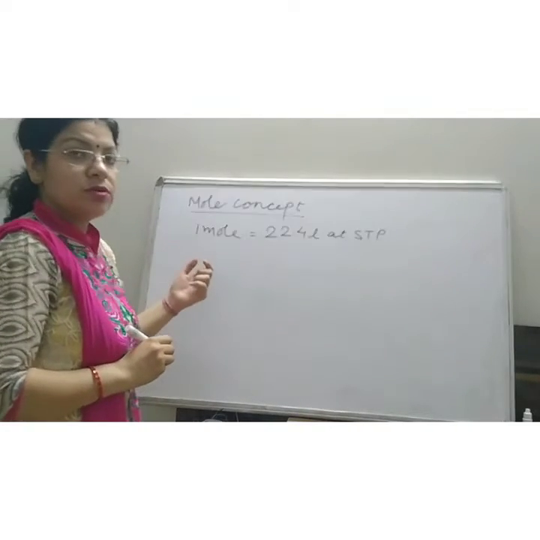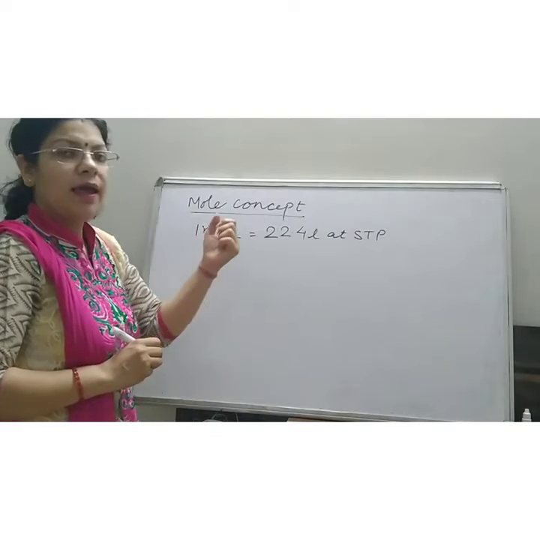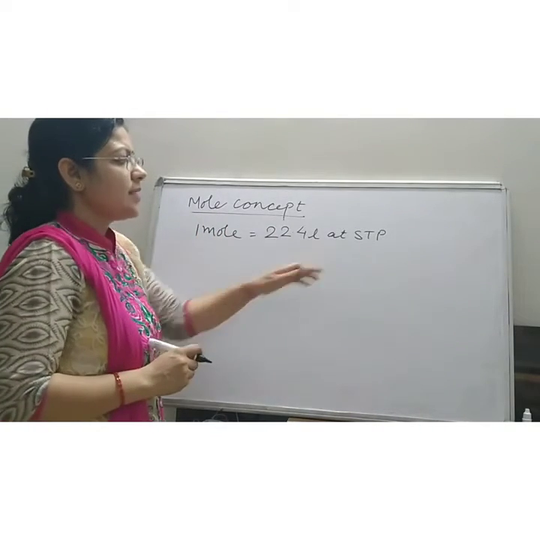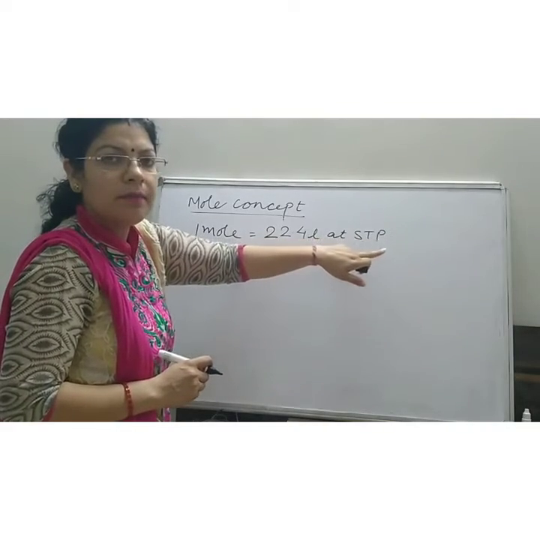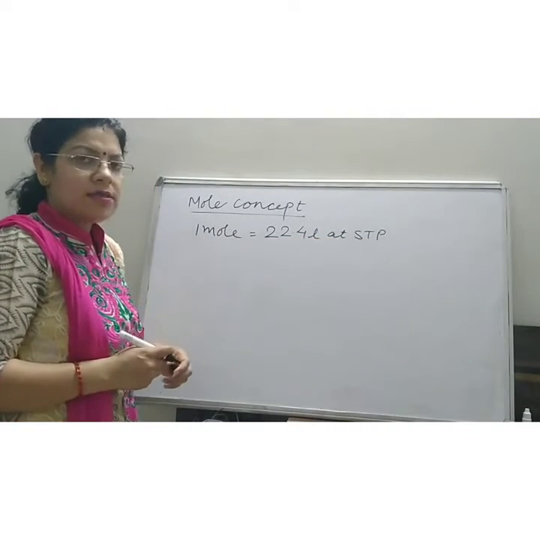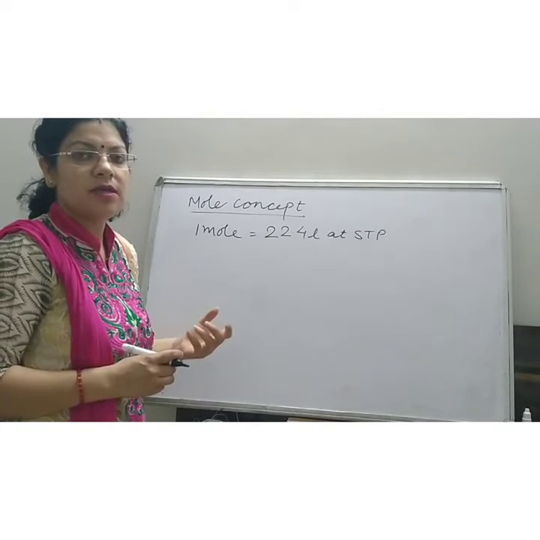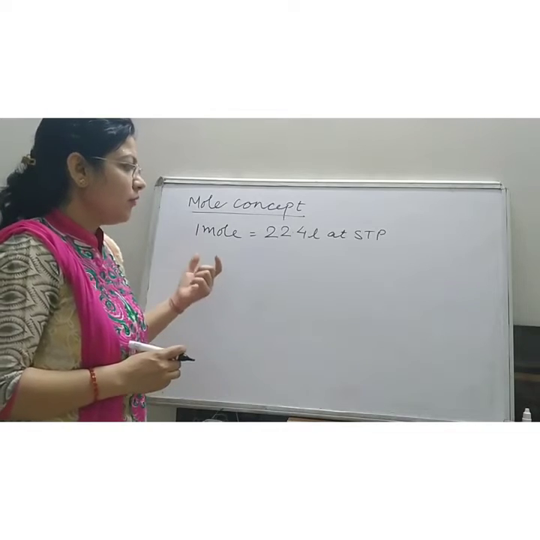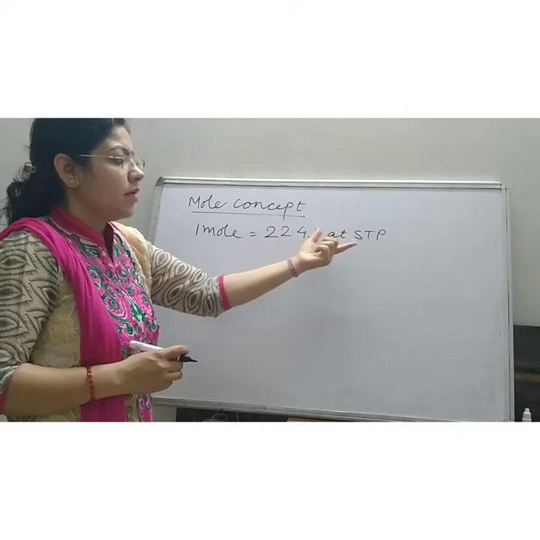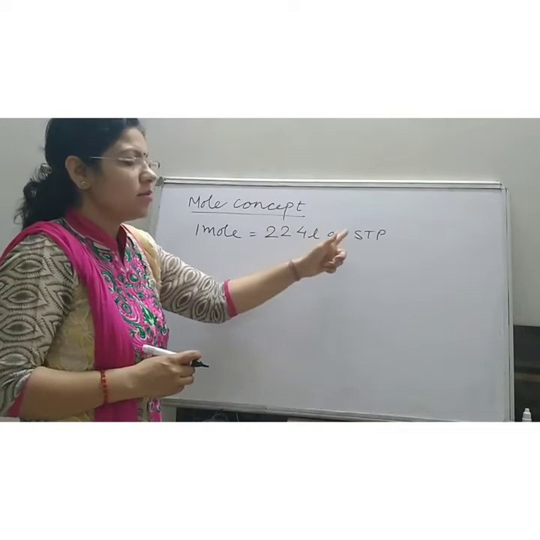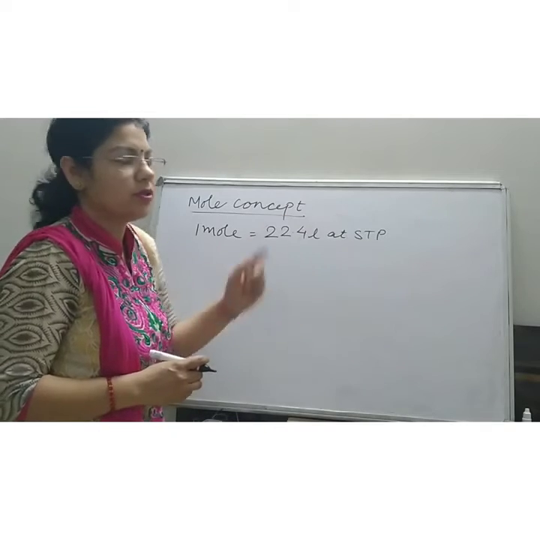Why do we use STP here, and what do we mean by STP? Here STP means standard temperature and pressure. As by changing temperature and pressure, the volume of a substance also changes. Therefore, in case of volume, we take the necessary condition, that is STP, or standard temperature and pressure.